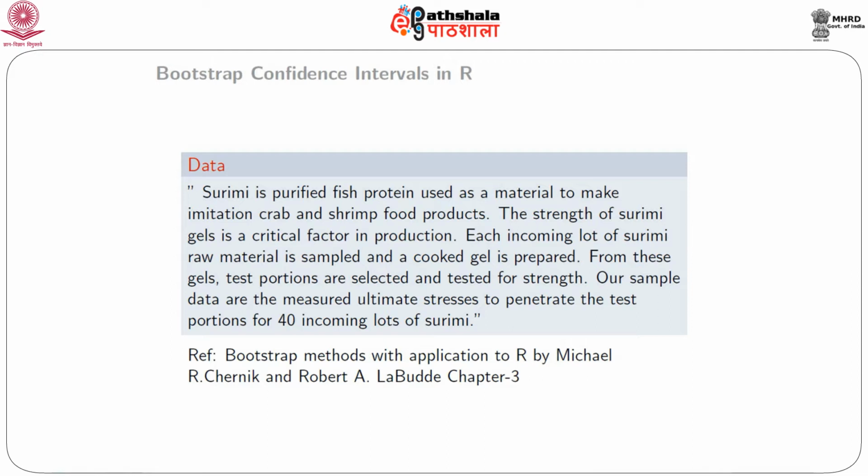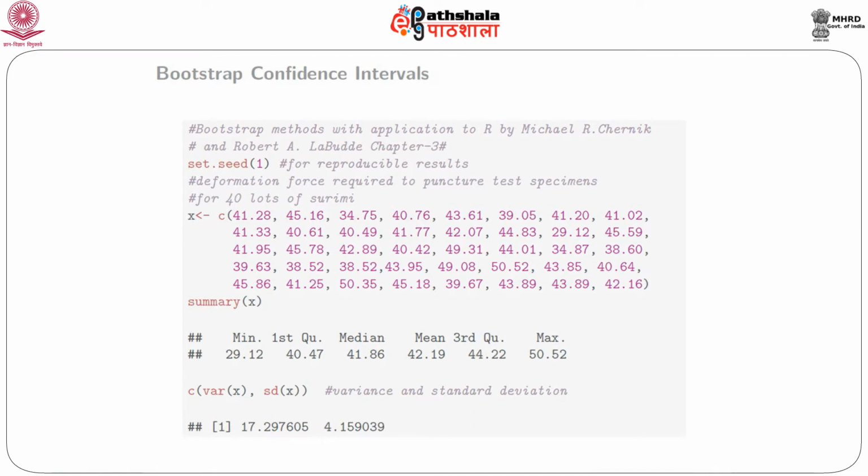Our sample data are the measured ultimate stresses to penetrate the test portions for 40 incoming lots of Surimi. So, we have our data of length 40. So, we have 40 numerical values which reflect the stress to penetrate test portions for 40 lots of Surimi, and the data is given in the book.